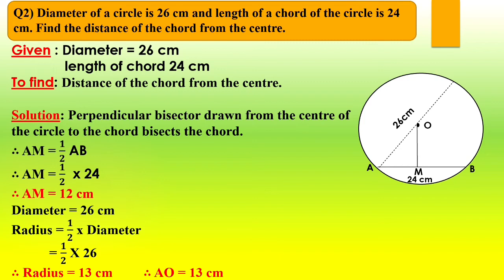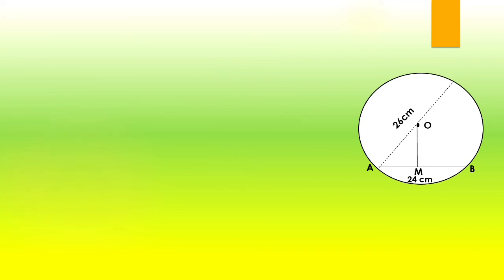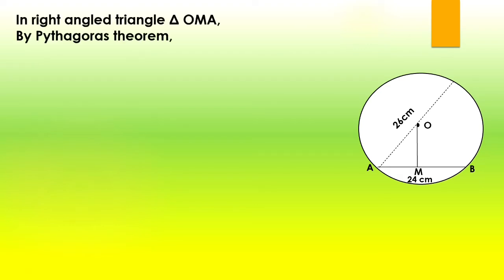Here we have the value of AM 12 centimeter and AO is 13 centimeter. Now we have to find the value of OM. So in right angle triangle OMA by Pythagoras theorem, square of AO equal to square of OM plus square of AM. Substitute the value. OA we got 13, AM we got 12.